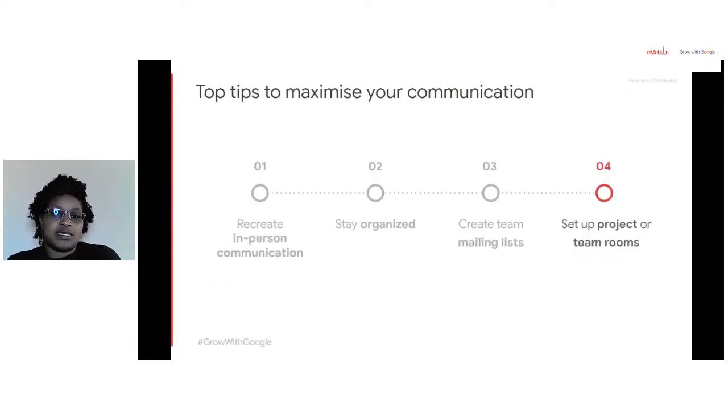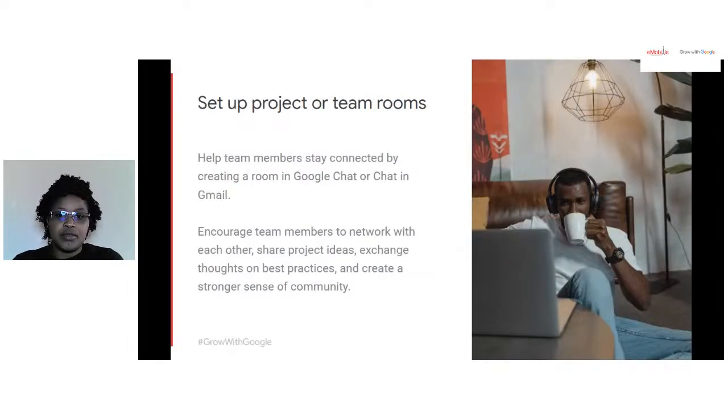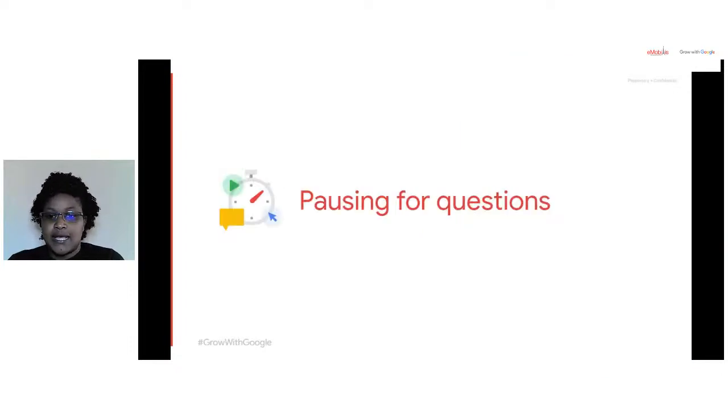Last but not least, we have set up project or team rooms. So you can encourage your team members to stay connected in a room in Google Chat or even chat in Gmail. You can encourage members to network with each other, share project ideas, share thoughts on best practices, and create a stronger sense of community.